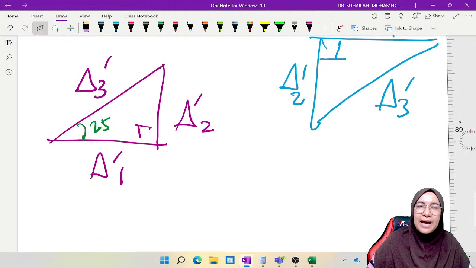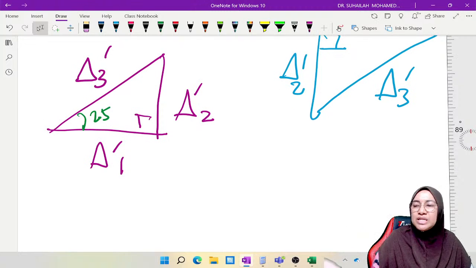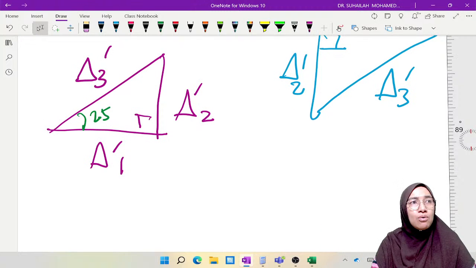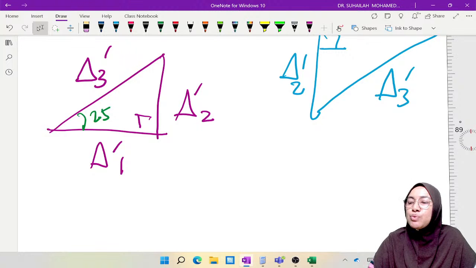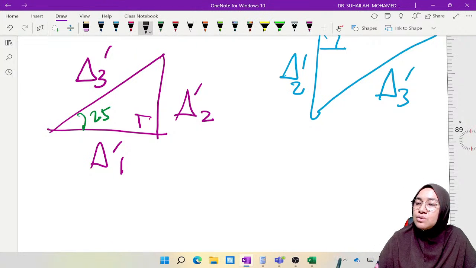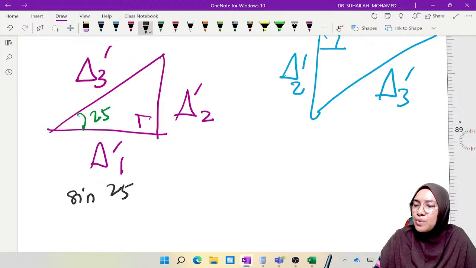So we have to make the relationship as we have done just now, between delta 1 and delta 2, and delta 1 and delta 3. For delta 1 and delta 2, we use sine 25 equal to delta 2 prime divided by delta 1 prime.